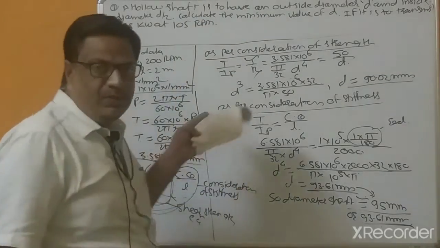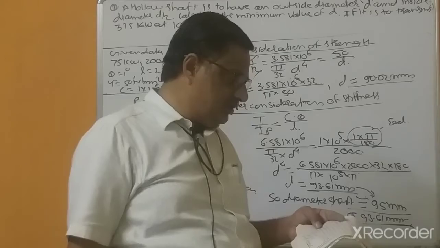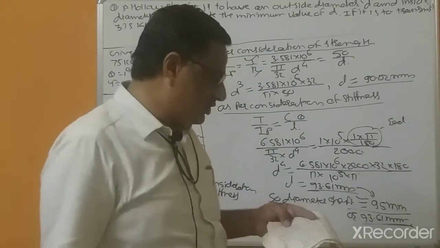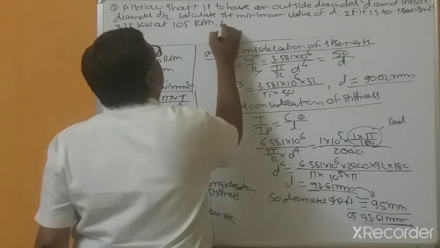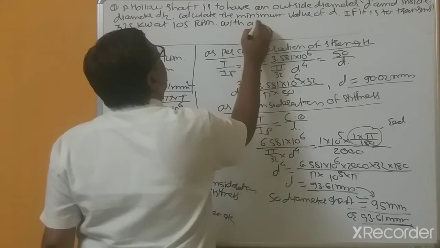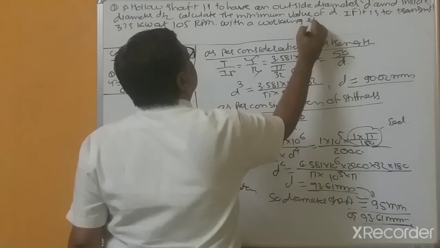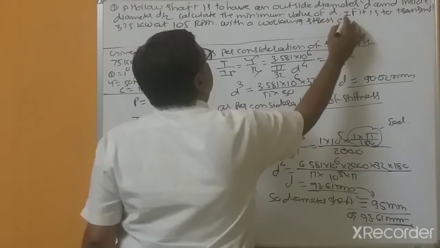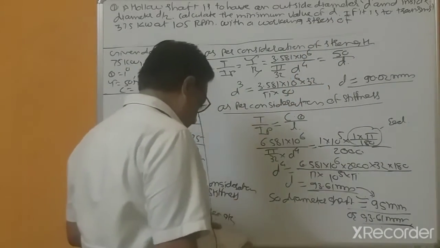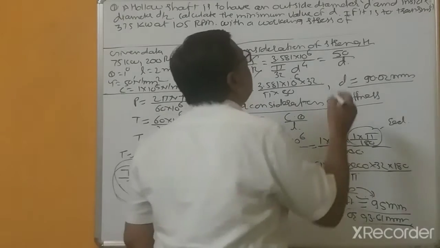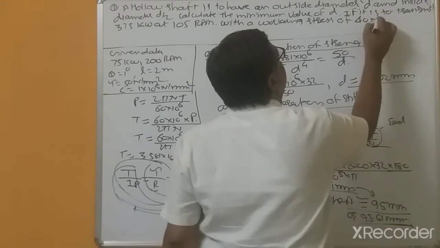So this may be the output shaft of the gearbox with a working stress of 40 Newton per mm squared.